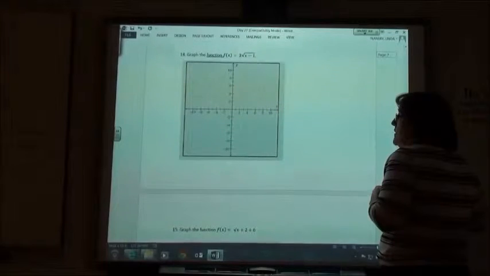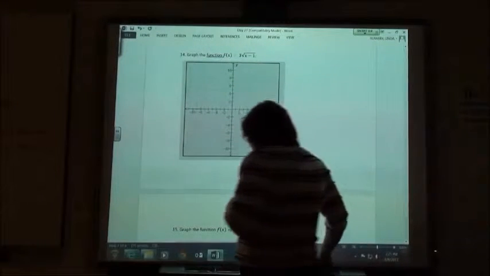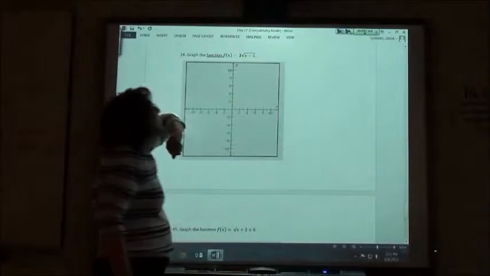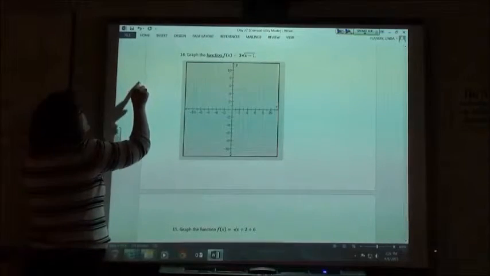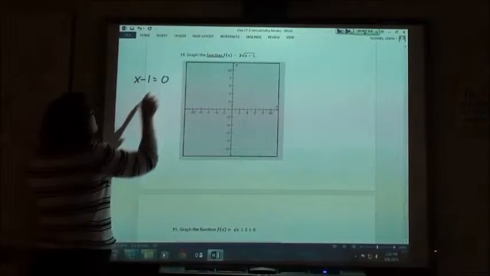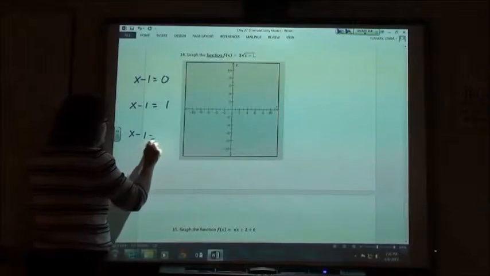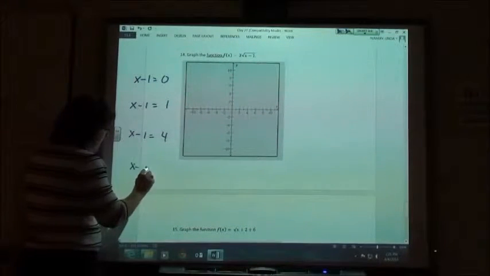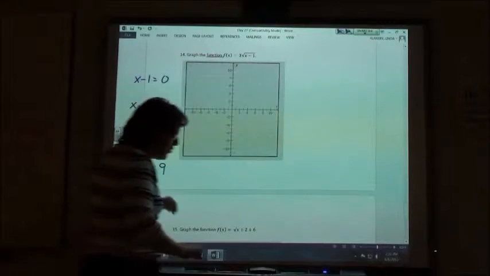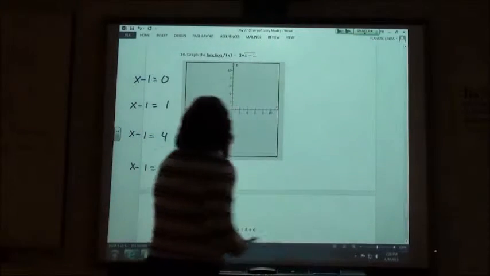Number 14, same kind of thing. I want the part under the square root to come out to perfect squares. So x minus 1 equals 0, x minus 1 equals 1, x minus 1 equals 4, x minus 1 equals 9. And solving each of those.